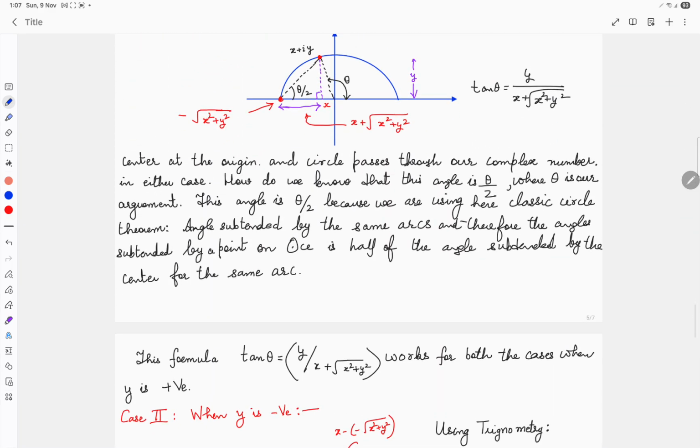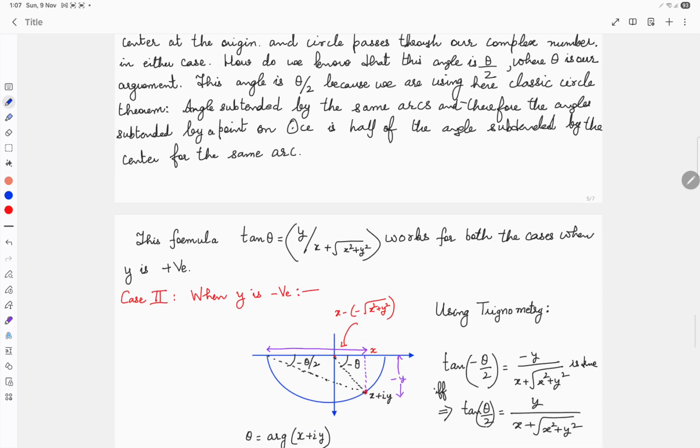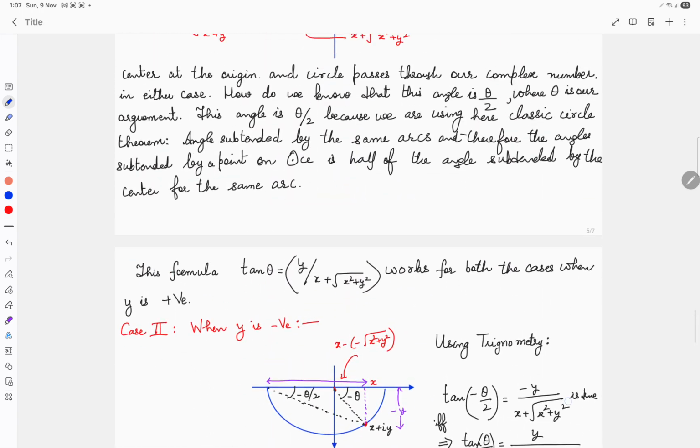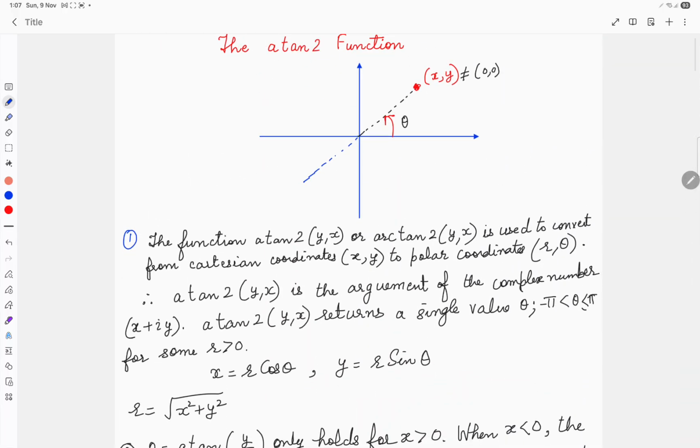This is the explanation when we have modified the angle theta to theta by 2, right? So all in all, we ultimately have to get the values of theta, which is the argument of the complex number x plus iota y. We cannot use the tangent function as such because of two problems.